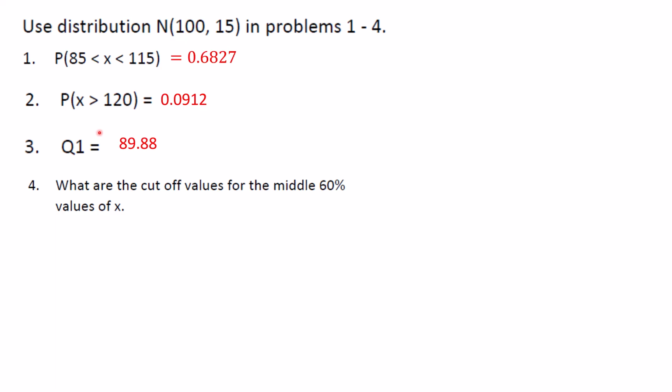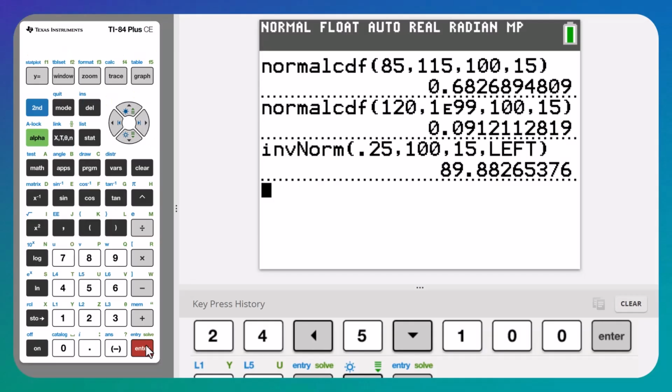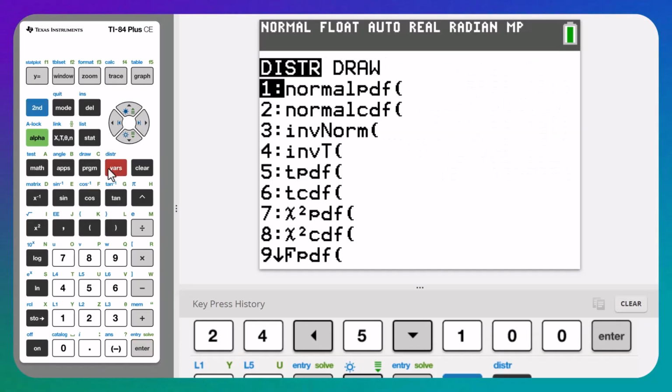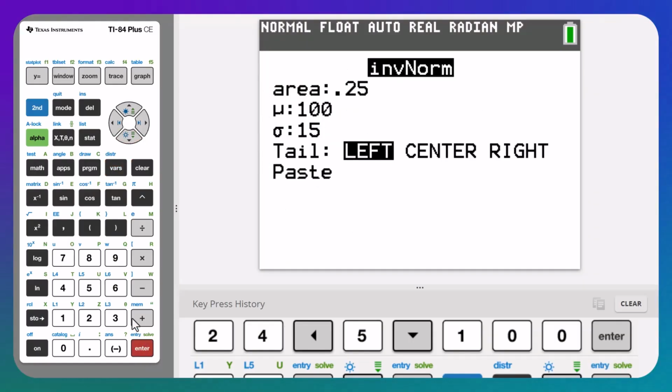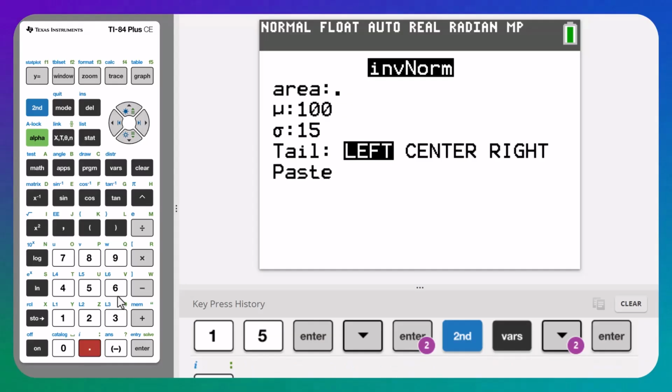Now on problem 4, we're going to look at the cutoff values for the middle 60%. So I want to make sure I specify the area of 0.6 and then let it give me the cutoff values. I'm still going 2nd distribution, checking inverse norm, and putting 0.6.